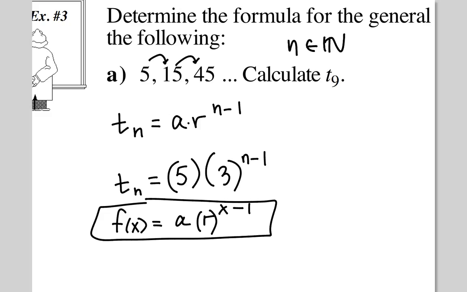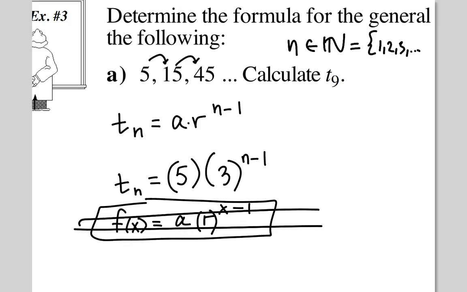And the naturals are only the counting numbers, right? So 1, 2, 3, dot, dot, dot. We don't typically relate it to our function notation, but it's very similar. You input an n, you output a t n. If I input x, I output y. But if I input an n, I output tn.